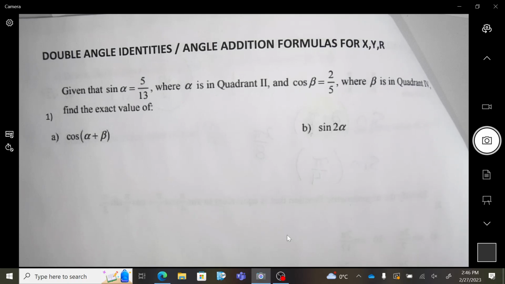When you work here, you might not get a nice one that's square roots. You need to leave the square root value, right? So just be careful with your math on your square root values.